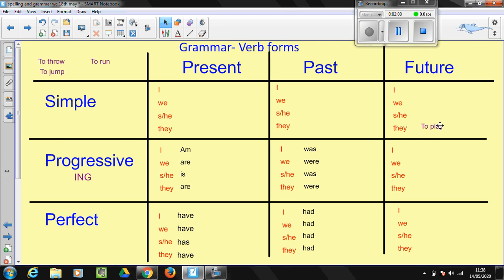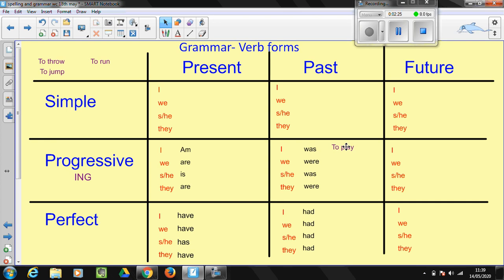Now we're going to have a look at the progressive verb form. My top tip, and I've put it in purple, is remember progressive is ing. So let's try present progressive. I am playing, we are playing, he or she is playing, and they are playing. Past progressive.